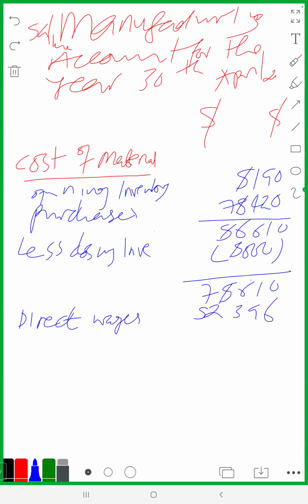Can we differentiate between direct and indirect wages? Yes, the indirect wages are those you pay to people who are not directly doing the work, for example, the supervisors. Let me give you an example from a school.